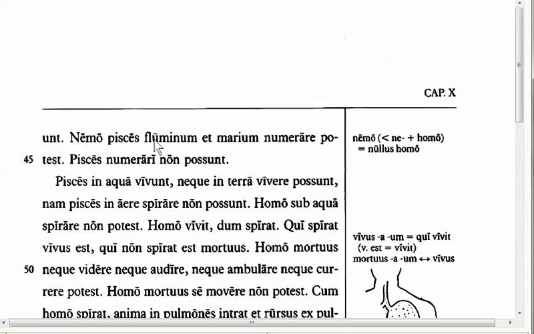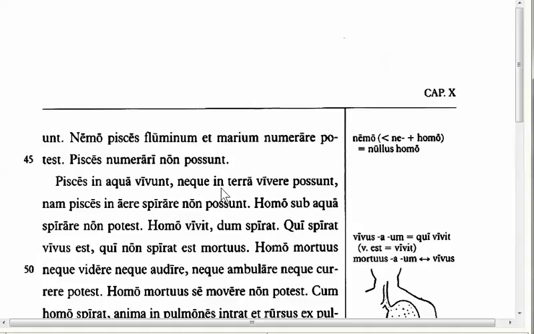So nobody is able to count the fish of the rivers and the seas, or the fish in the rivers and the seas. So here we have nemo, which is just a combination, as we see in the margin, of ne plus homo. So no person, no man, is the same as nullus homo, no person. And we would just translate it as nobody.